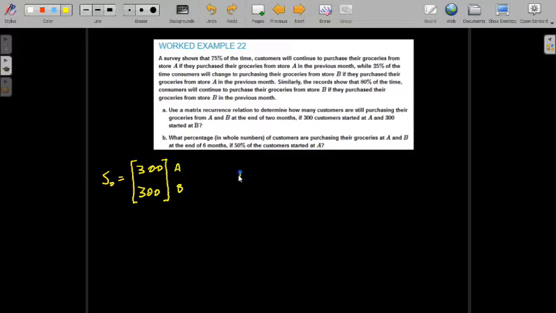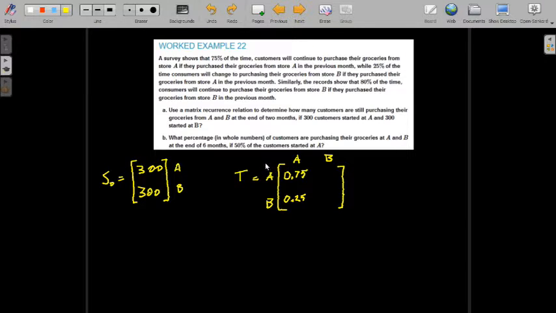Next thing to look at is our transition matrix. So if they shopped at store A the first month or B the first month, how many of them shopped at A the next month? That's going to be 0.75, 75% of the time. Which means we've got 25% shopping at B the next month. So if they shopped from B the first month, what happens?